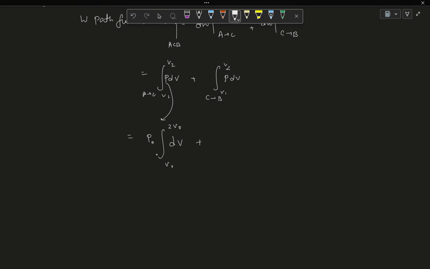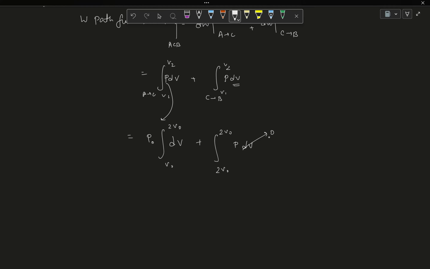This is pretty simple. And the second process is an isochoric process where the volume is constant. That means your initial volume is your final volume, which for C to B is 2V naught, fixed. So the initial limit is the final limit in PdV. So dV has no change. Even if pressure changed, dV has no change.